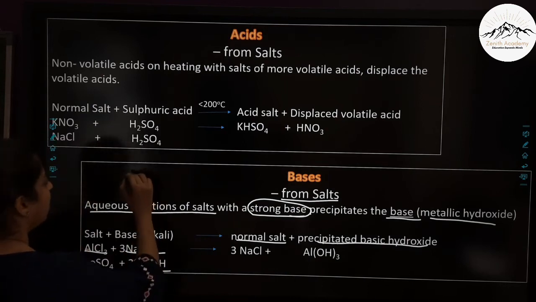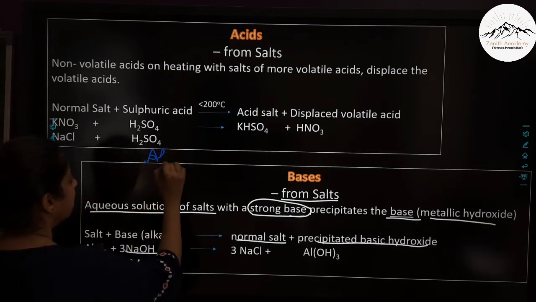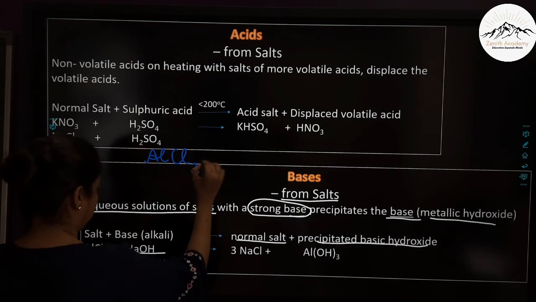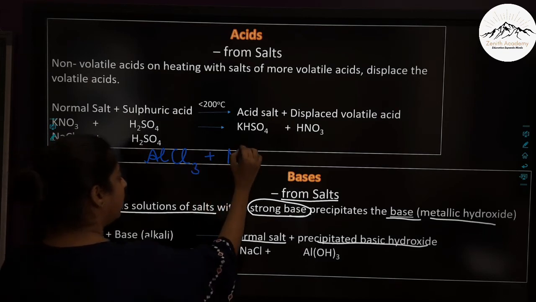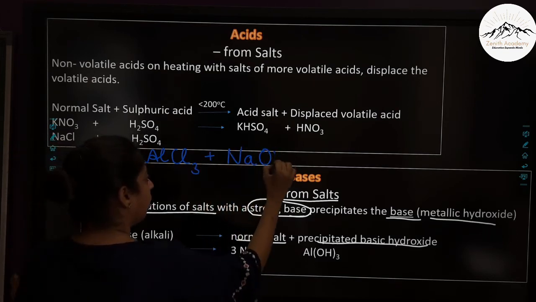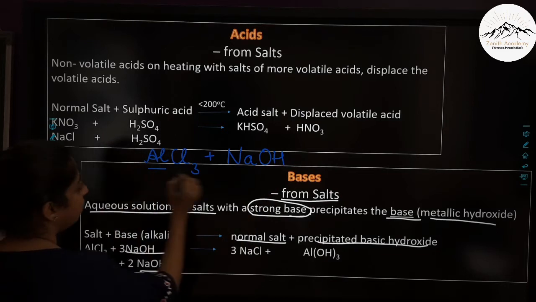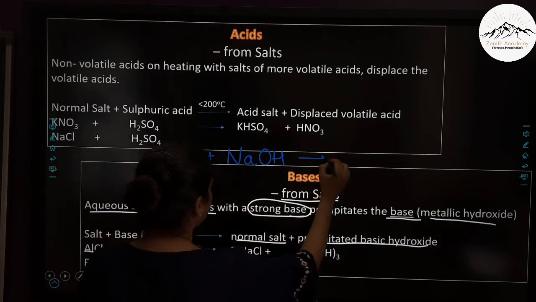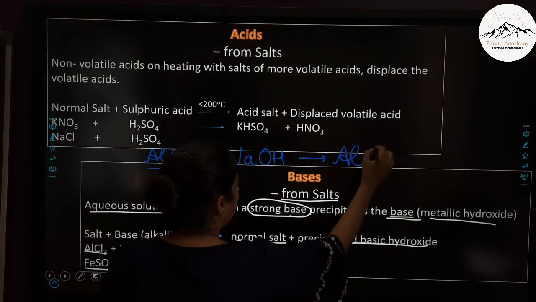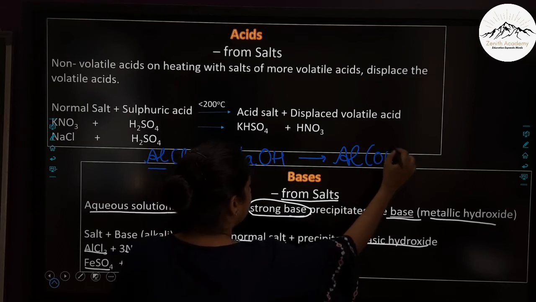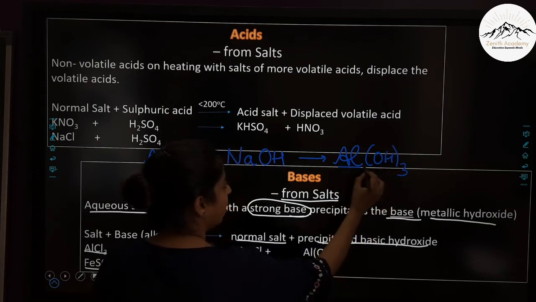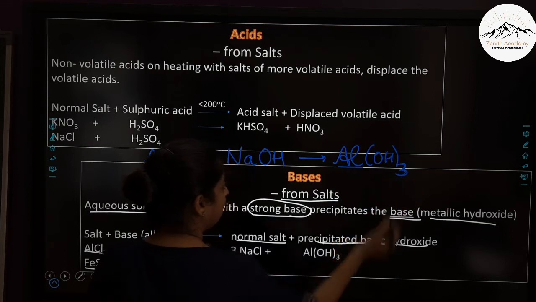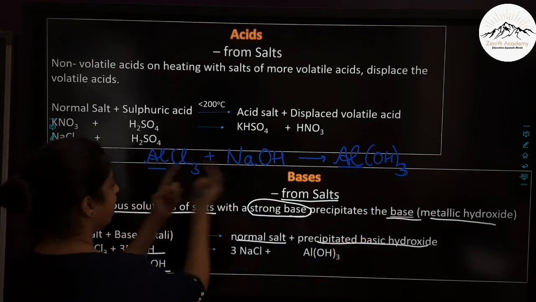So here I am writing this again, AlCl3. When it reacts with NaOH, what will happen? This aluminum will replace this sodium and it will form Al(OH)3, because the valency of aluminum is 3, so that is why Al(OH) thrice. So there is an exchange of ions.